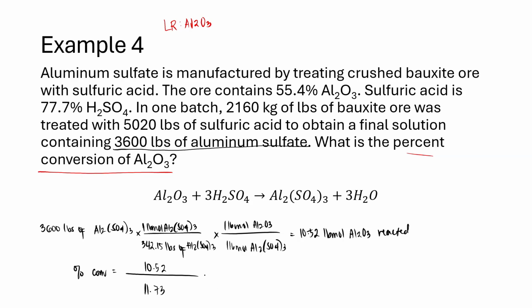Times 100% is equals to 89.68%. The percent conversion of Al2O3 is 89.68%. And that's it. That's it for the terms.